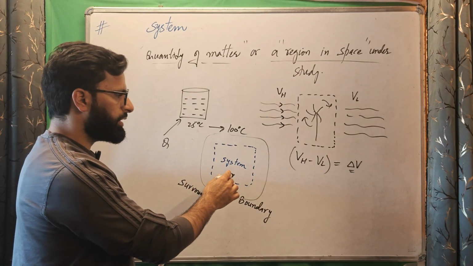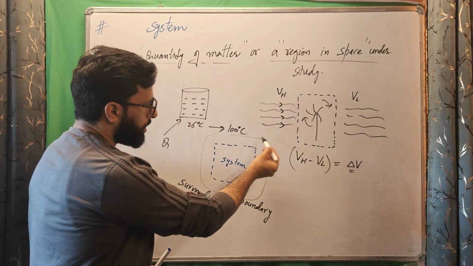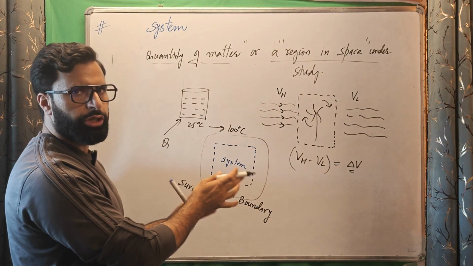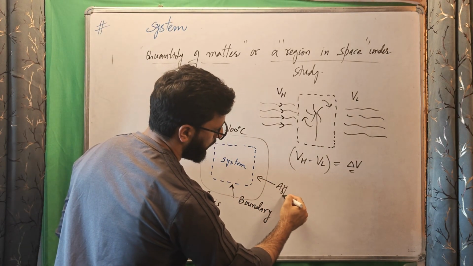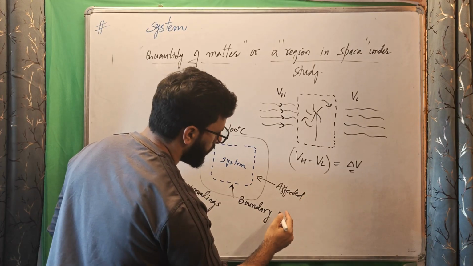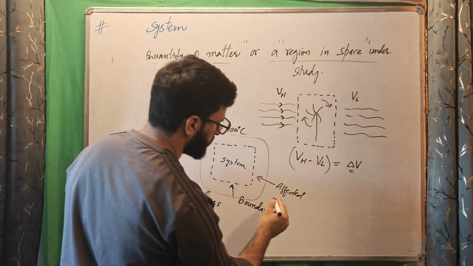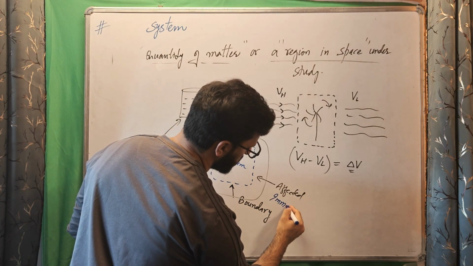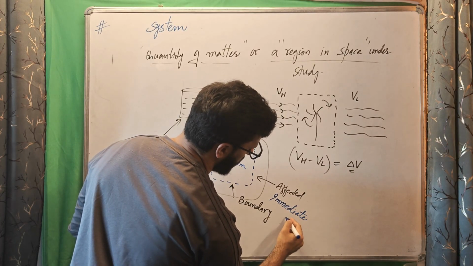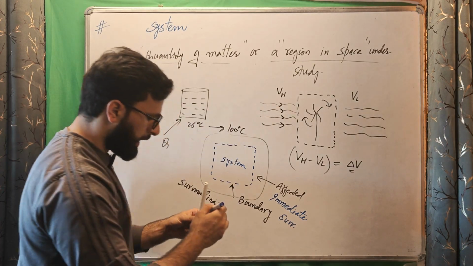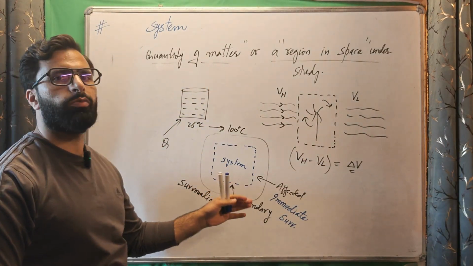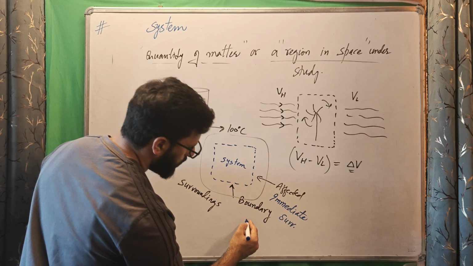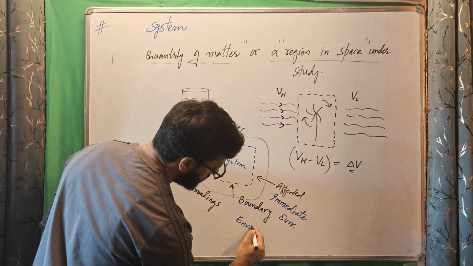So when a system is undergoing a process, the part of the surroundings which is immediate to the system, which is significantly affected by this process, we call the immediate surroundings. And the far surroundings that are not significantly affected by this process are known as the environment.